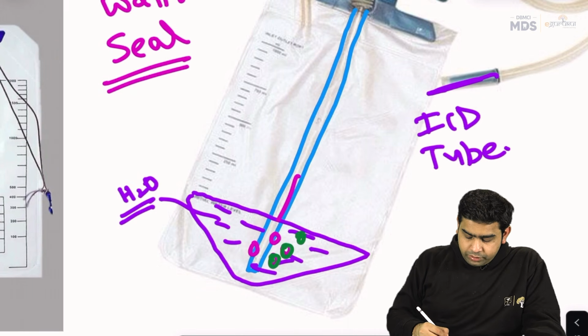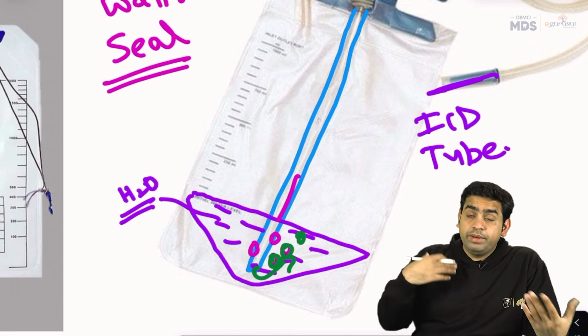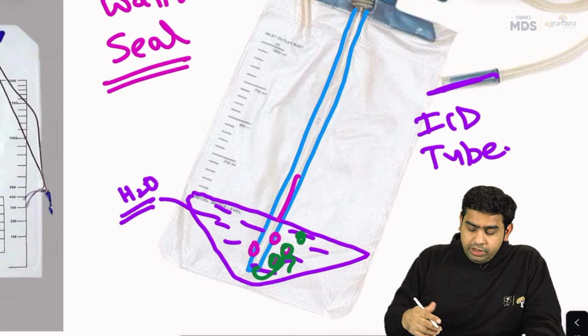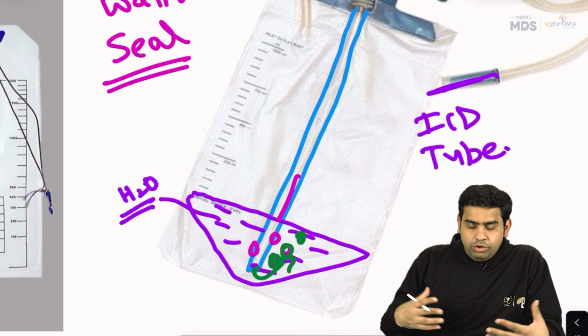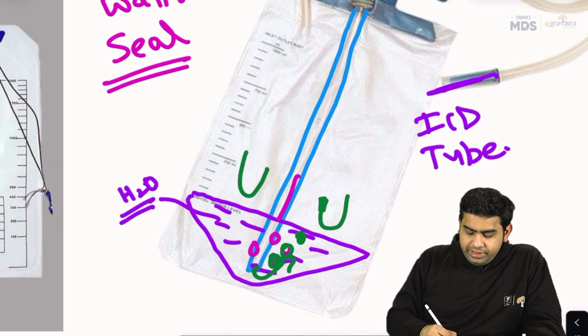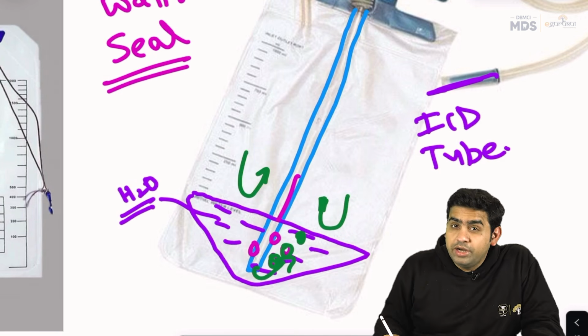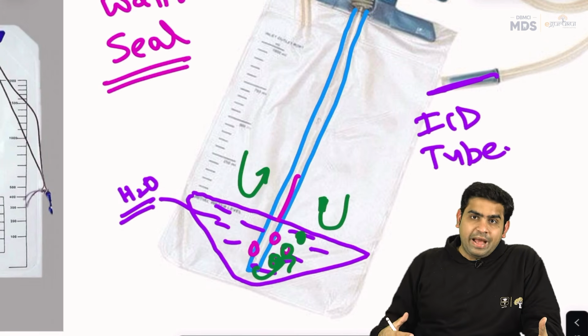So air bubbles will basically come out of here. That's fine. But during inspiration, the air will not be able to enter into this tube because of the underwater seal. So this is the relevance of an ICD bag.